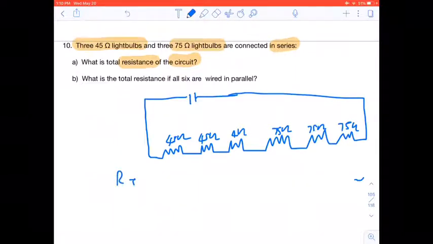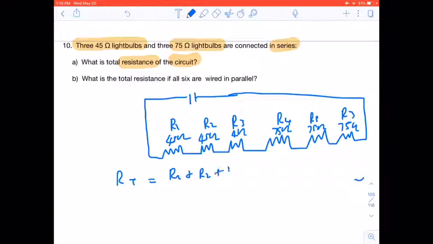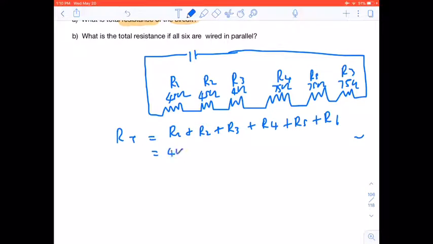R total would be, let's say we could call this R1, R2, R3, R4, R5 and R6, which means it would be R1 plus R2 plus R3 plus R4 plus R5 plus R6, which would mean it's 45 ohms plus 45 ohms plus 45 ohms, right?